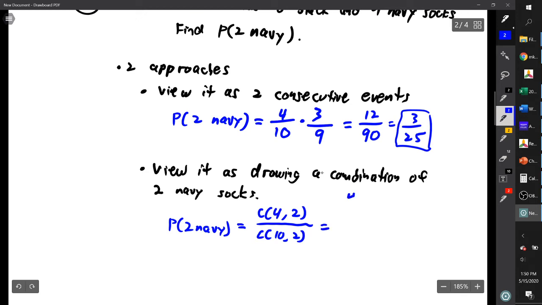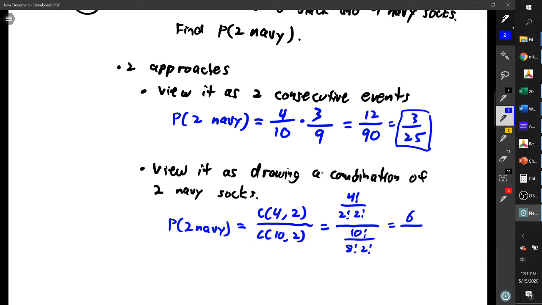So that's going to be 4 factorial over 2 factorial times 2 factorial, over 10 factorial over 8 factorial times 2 factorial. And the combination of 4 taken 2 at a time is 6. And the combination of 10 taken 2 at a time, if our math is right, it should be, wait, did I do the earlier one right?